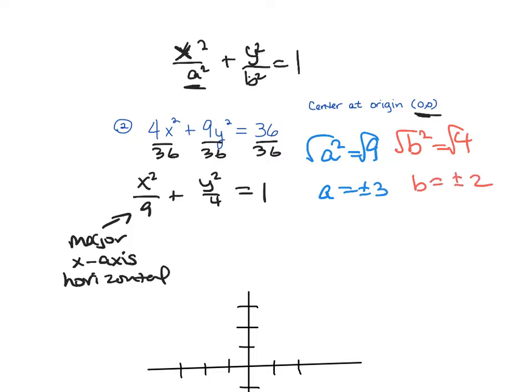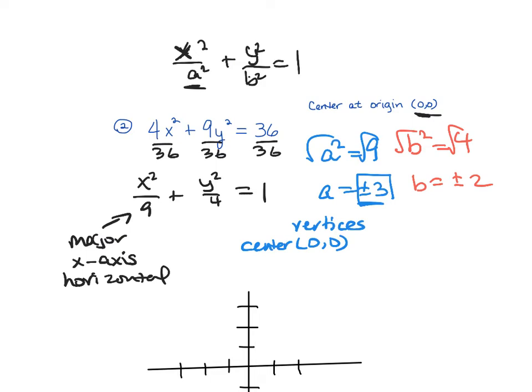So now we're going to come up with our vertices. So remember, your major axis is the x-axis, so we're going to add and subtract this 3 to the x of the origin, or the center. So my vertices, this is my center point.